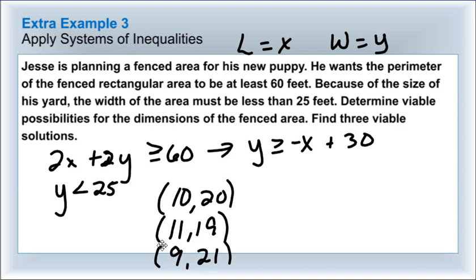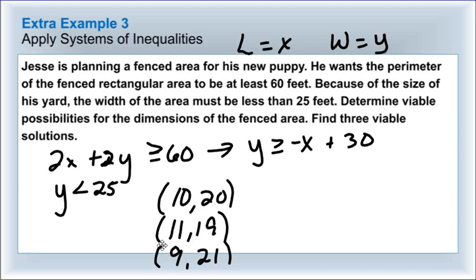If I did 11 and 19, 2 times 11 is 22, 22 plus 2 times 19, that would be 38 plus 22 gives us 60. We could do 3 times 9, which is 18, plus 42 gives us 60. So these are just the bare minimums that you could have.